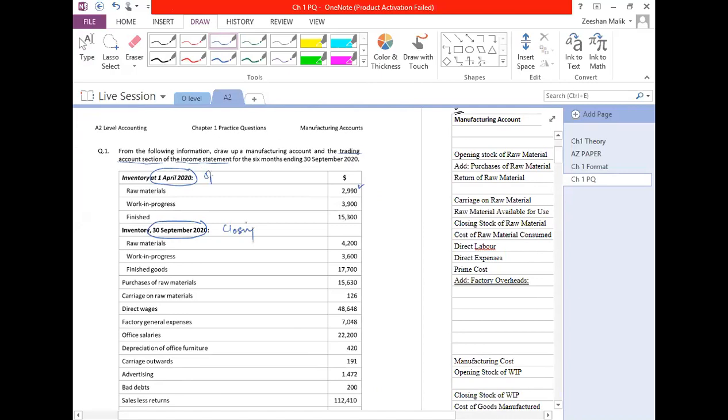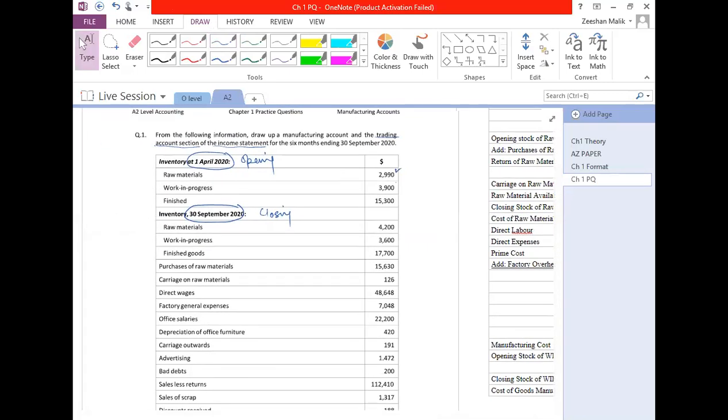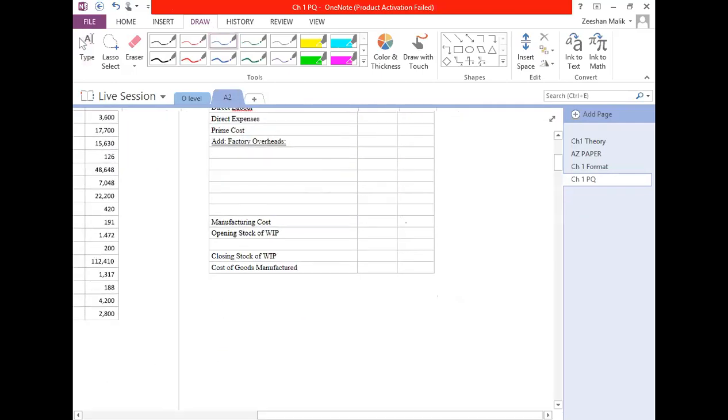I hope no issue in it. Raw material opening 2900, work in progress 3900. Here we have work in progress opening inventory.